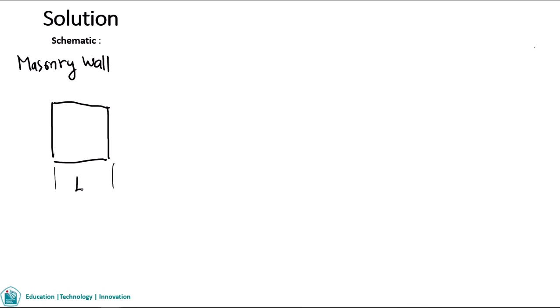So here is the schematic. First we need to draw the schematic of the masonry wall. For example, this is the wall. Here we need to find L1, because L1 is what we need to find.